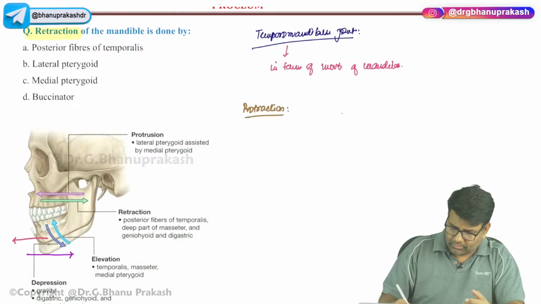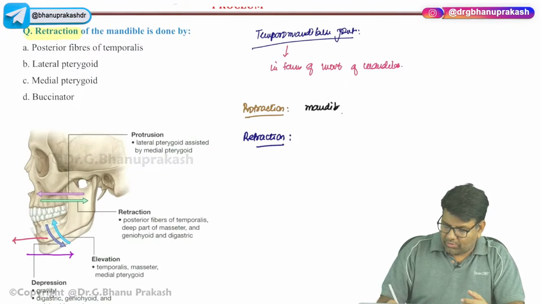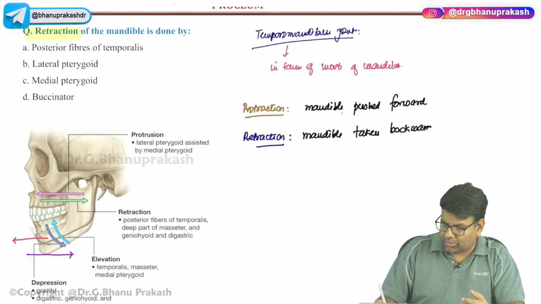Protraction means mandible pushed forward, and retraction means mandible taken backward to the normal position.